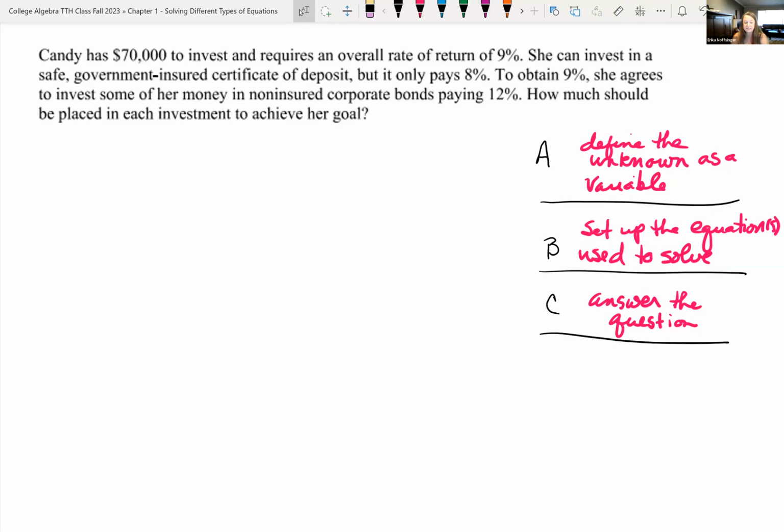Okay, so she wants 9% back. And she has $70,000 to invest. So we know that the principal here that she's investing is $70,000.